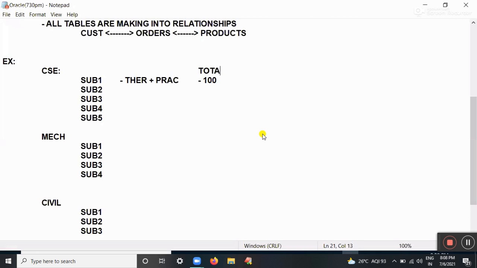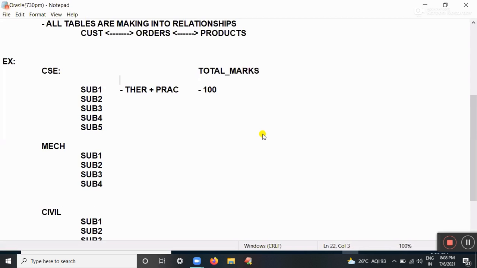Okay, one subject has 100 marks. That is called the total marks. But this total marks will depend on what? The type of exam, or examination name. So what is examination name? Theory examination, practical examination. So based on theory and practical, your total marks is 100.